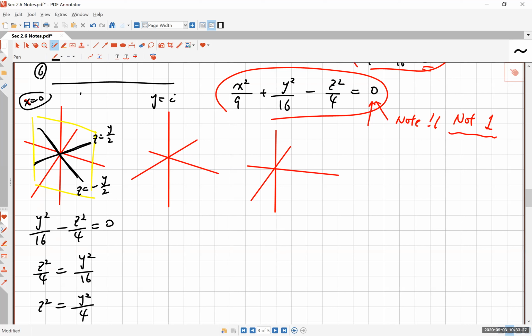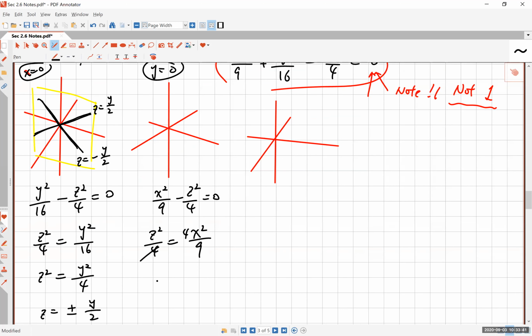When y is equal to 0, what did you get? x squared over 9 minus z squared over 4 is equal to 0. z squared over 4 is x squared over 9. Just multiply both sides by 4, and so z is equal to plus or minus 2/3 times x. You also get 2 lines intersecting at the origin.